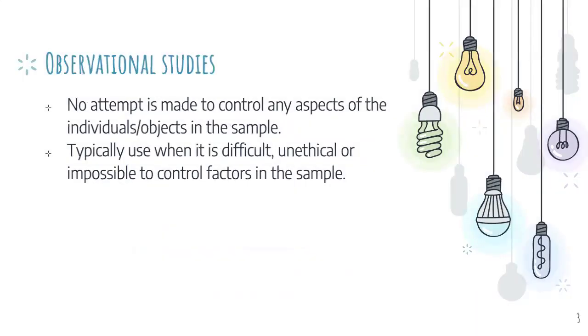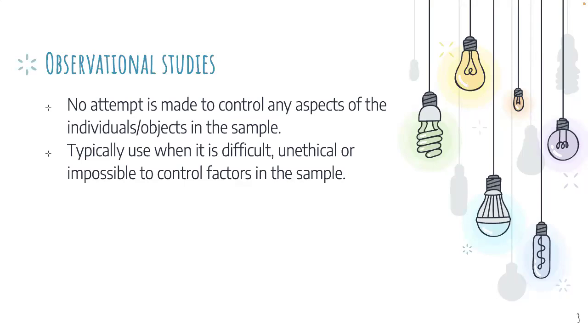On the other hand, we have observational studies. In an observational study, there is no attempt to control any aspect of the individuals or the subjects in the sample. Typically we use it when it is difficult, unethical, or impossible to control factors in the sample.